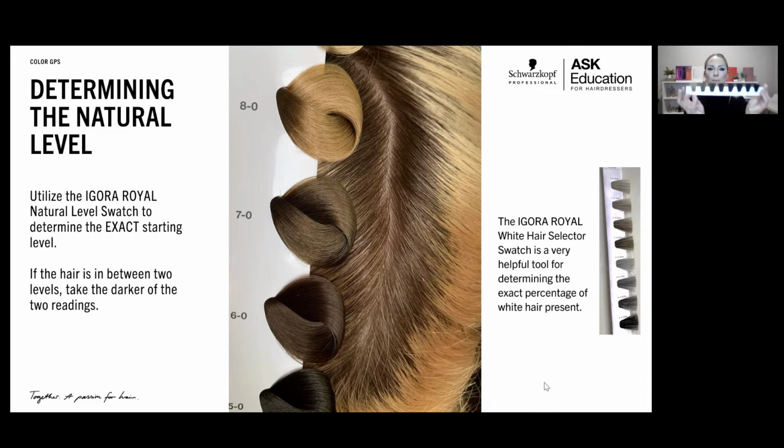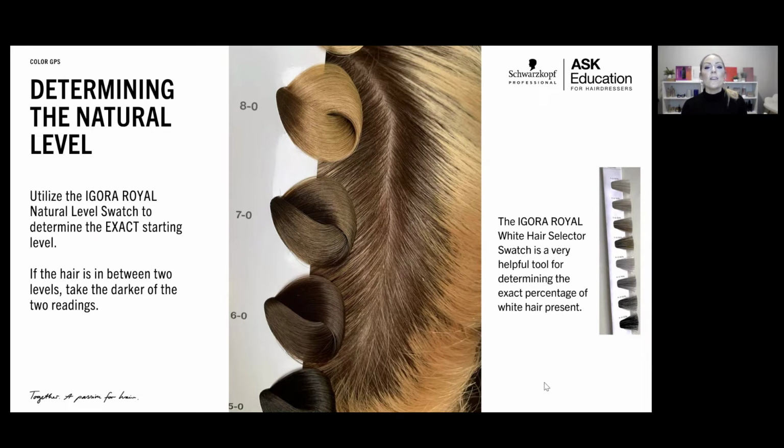Now, sometimes when we place this swatch up to the hair, it might not match exactly perfectly. So, as a little bit of a tip, if you're not sure, for example, on the screen, you can see that the natural level sits quite close to a 7.